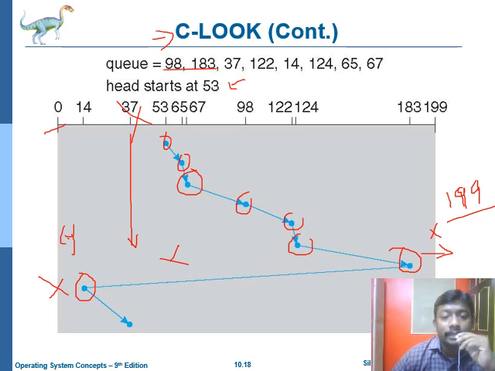As in the previous case, it would go to the end of the cylinder, both at the last end and at the initial point. But during the reverse, it will go to the 14th sector, and then service the 37th one.